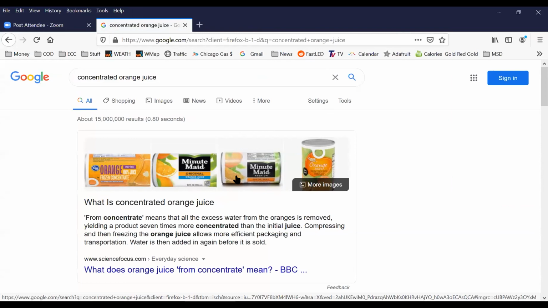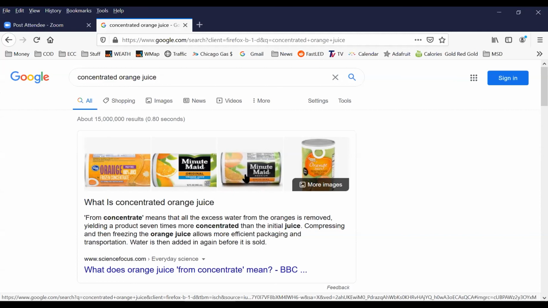What you bought was called a concentrate, which is a concentrated orange juice. That means the actual chemicals that make up that taste were in a high concentration relative to what the solution is. And the solution means there's less water. It's higher concentrated.